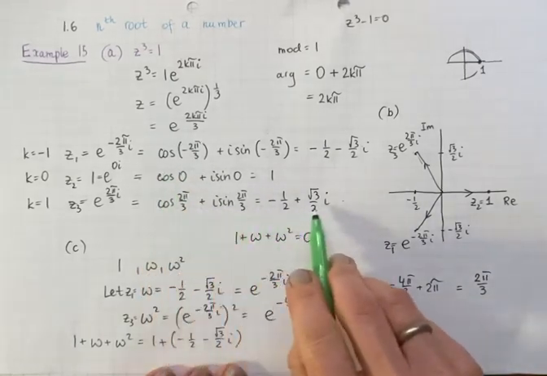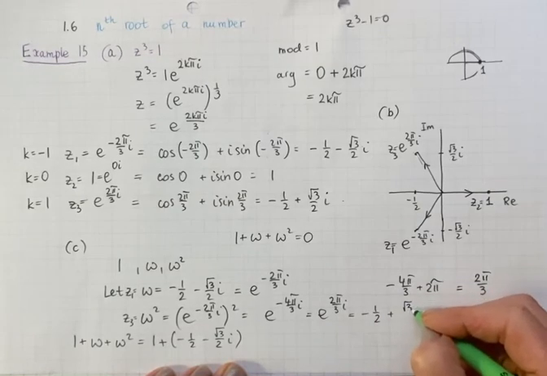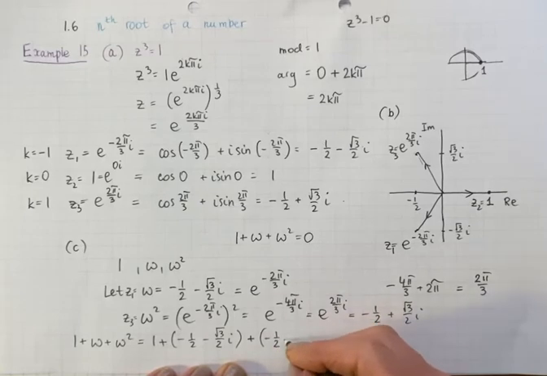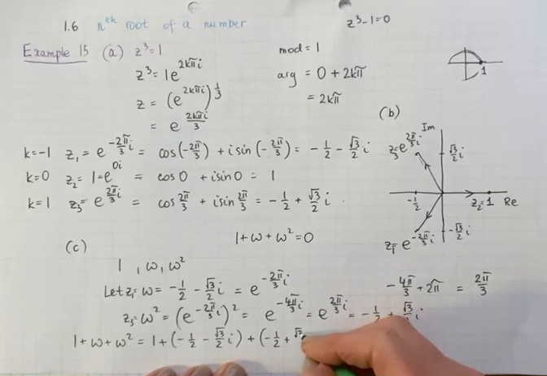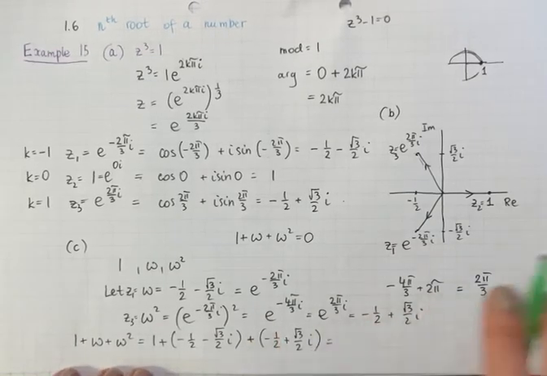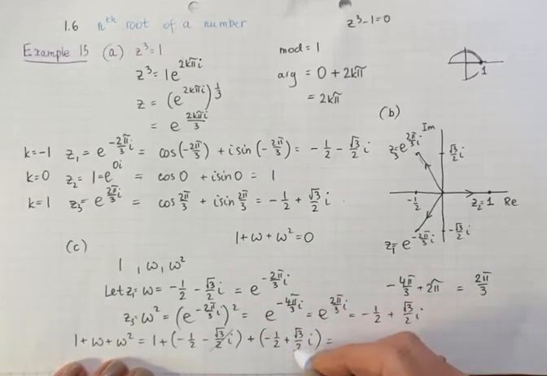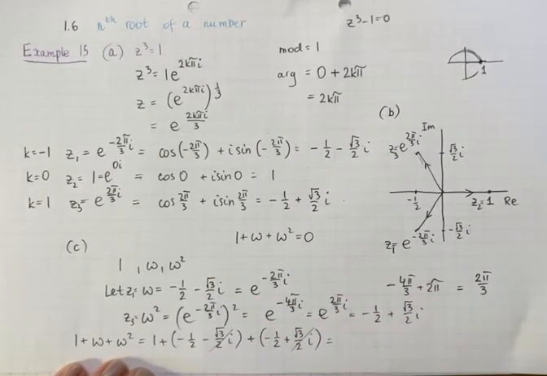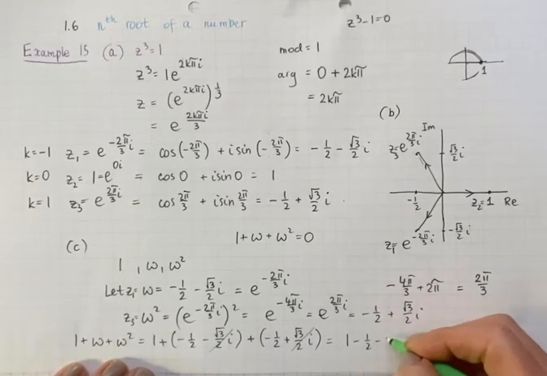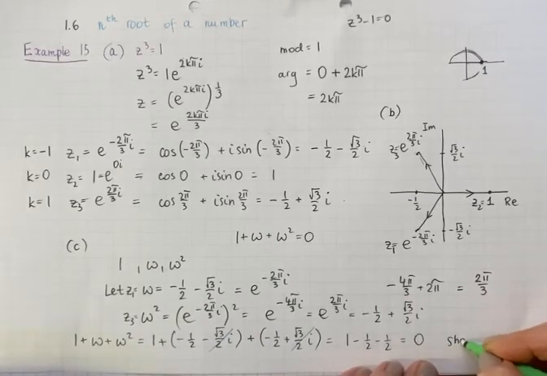This is our last complex number, which you can see is minus a half plus root 3 over 2 i. So if I add this complex number, what am I going to get? Well, the imaginary parts, you've got minus here and then plus, that cancels, and then you are left with 1 minus a half minus a half, which is clearly 0. So it's been shown.